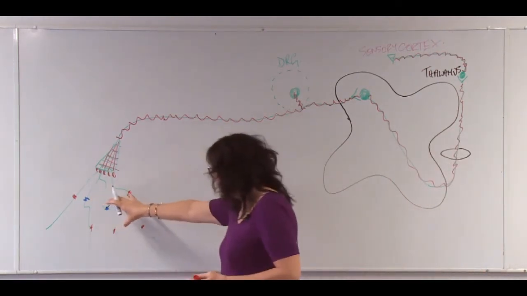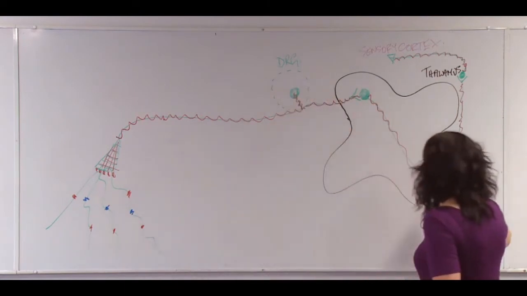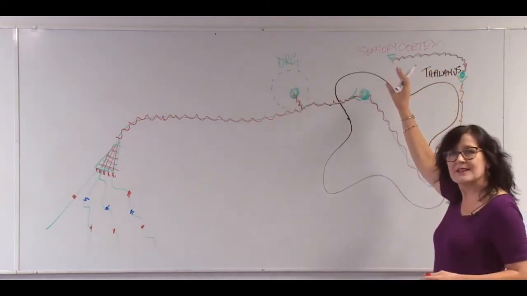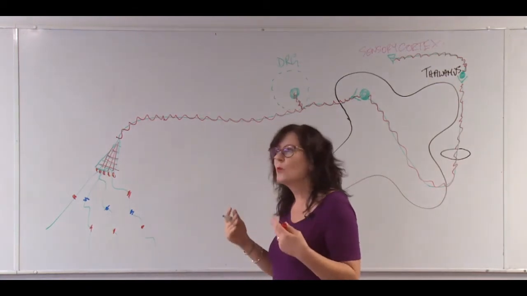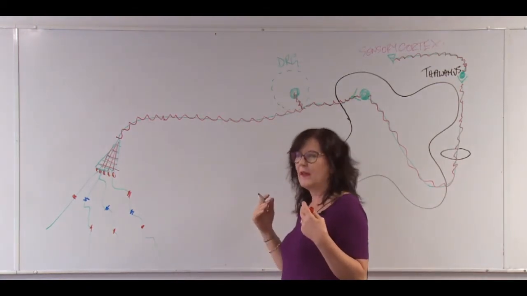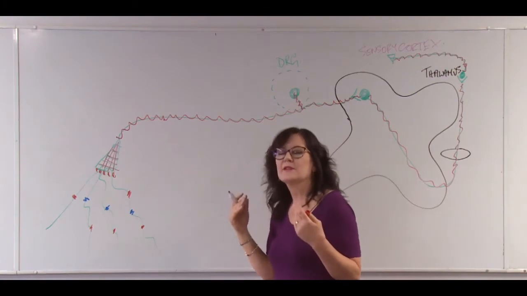So we have transduction, transmission, and at the sensory cortex, we have perception. This is where we perceive that action potential as pain.